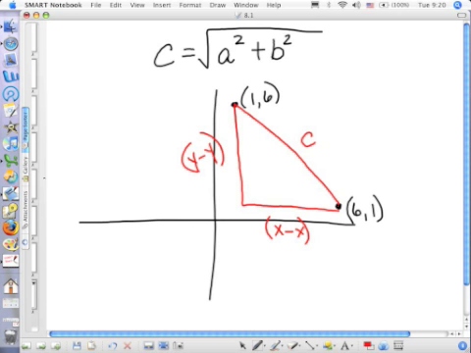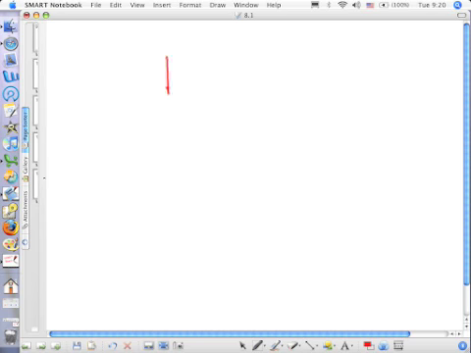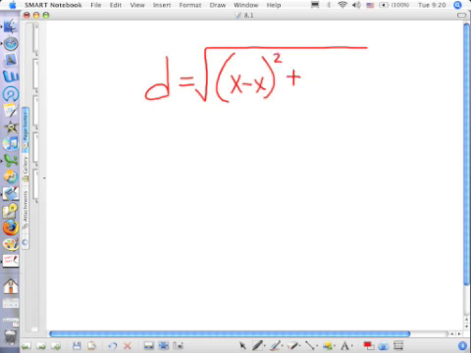If B is equal to y minus y, then B squared is y minus y squared. And so now we have our distance formula, where the distance between 2 points is found this way. And it all stems from the Pythagorean theorem and the use of right triangles.